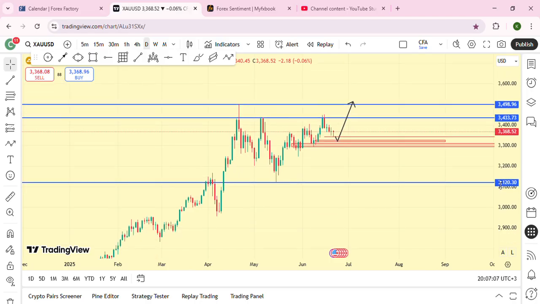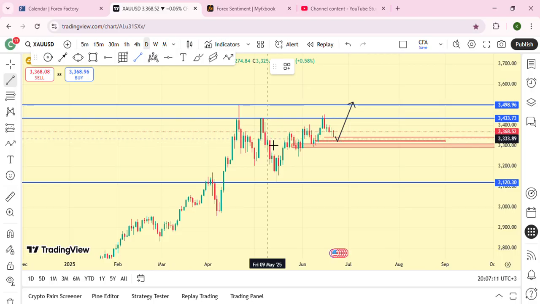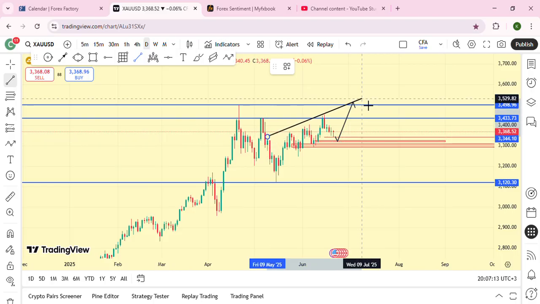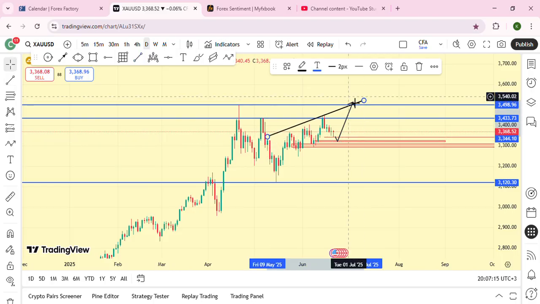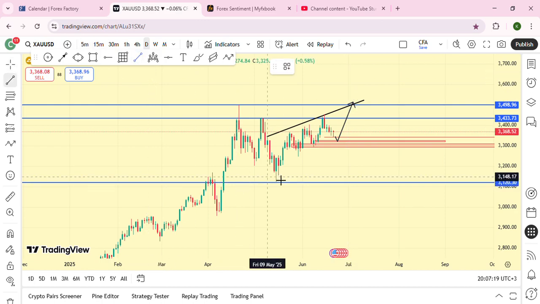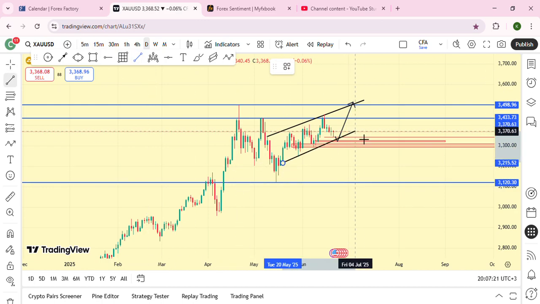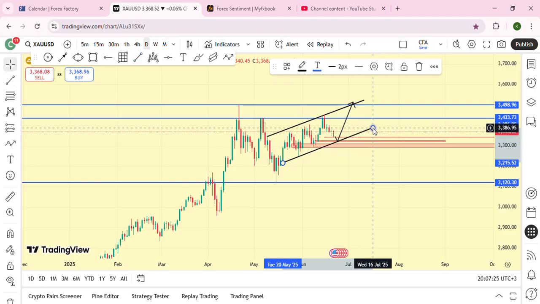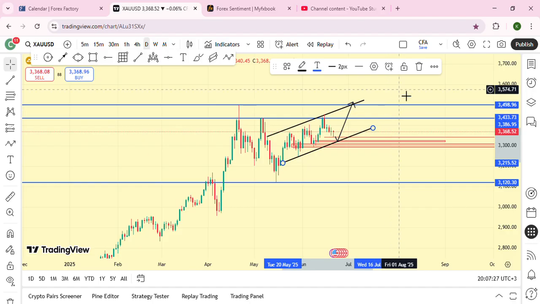You can see clearly the market is in a very strong uptrend. I hope you can clearly see that.